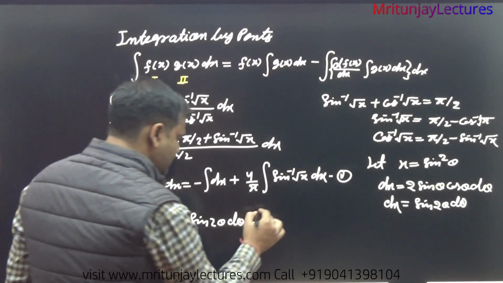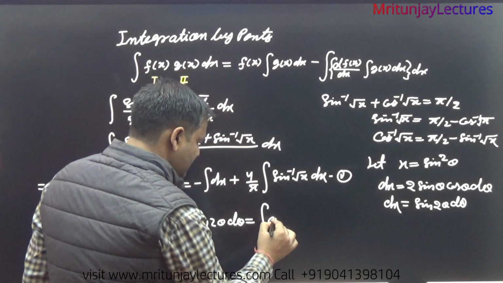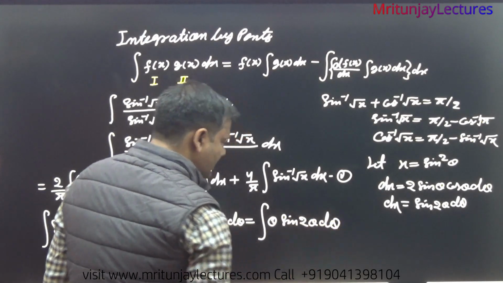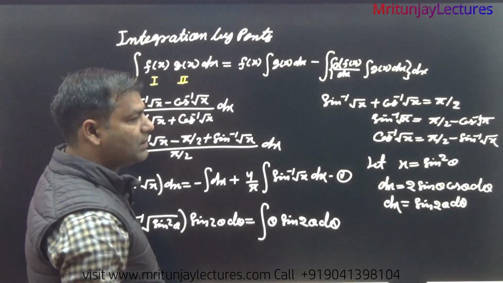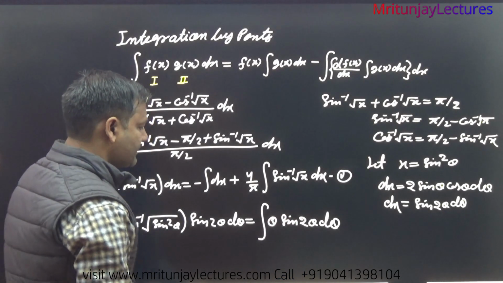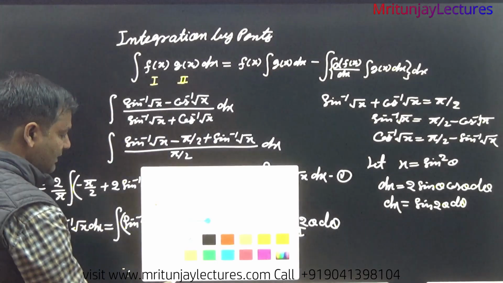So we got how much? That one is theta. So theta into sin 2 theta d theta. How can we solve? Theta we always take as the first function and that one as the second function.